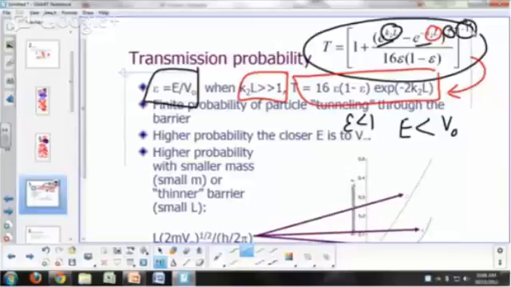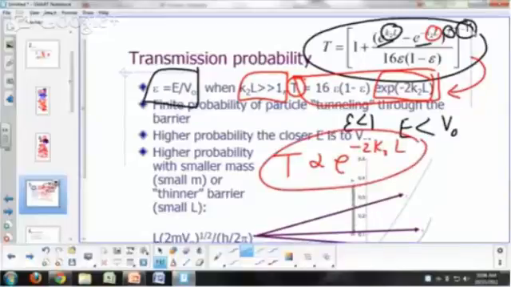For the same epsilon, the same ratio of energy to the potential barrier, the transmission probability is directly proportional to e to the minus k2L.